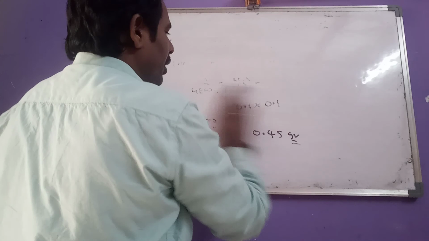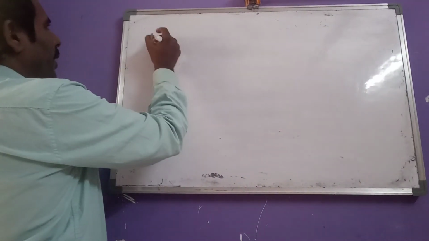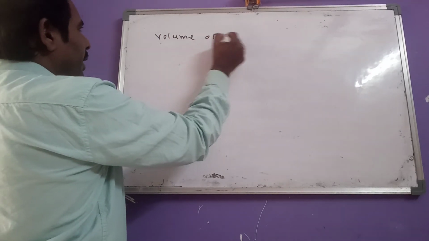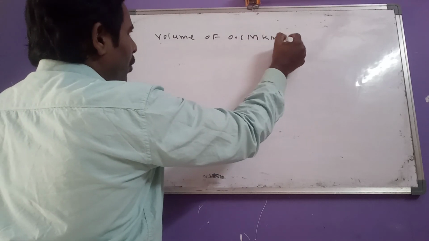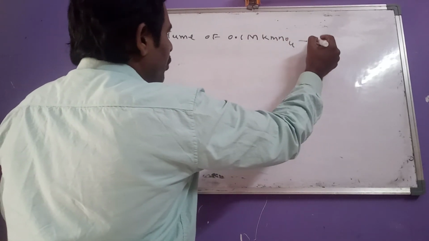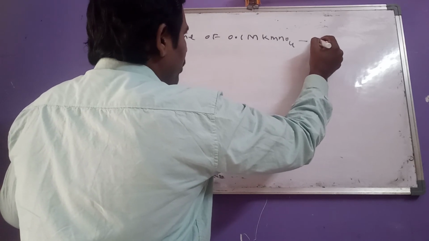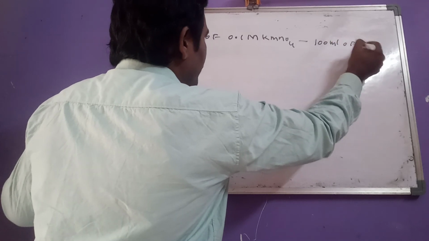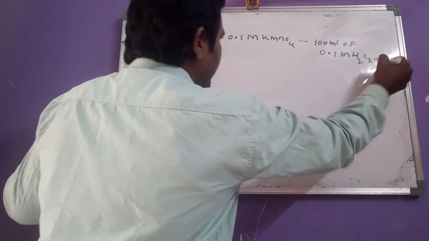What is the volume of 0.1 M KMnO4 required to neutralize 100 ml of 0.1 M oxalic acid?